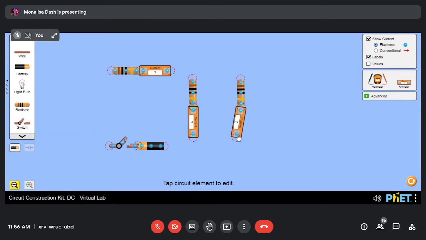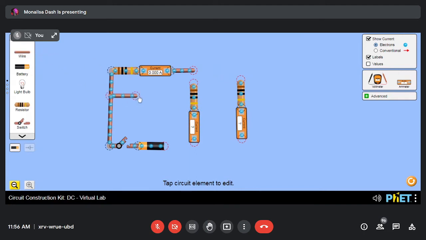Then connect it like this so that the circuit is also good looking.